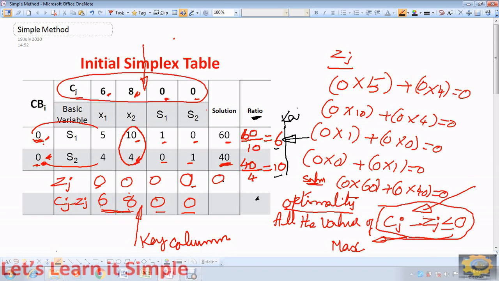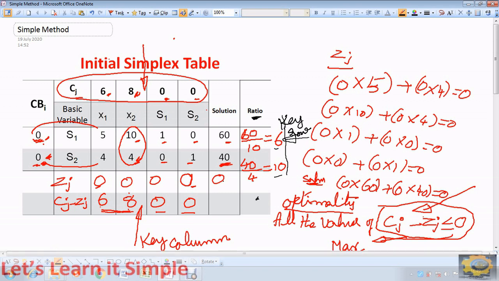So this is called the key row. Now the intersection of the key column, that is x2, and the key row, which is the S1 row, is called the pivot element. The intersection of the key row and key column is called the pivot element, or the key element.